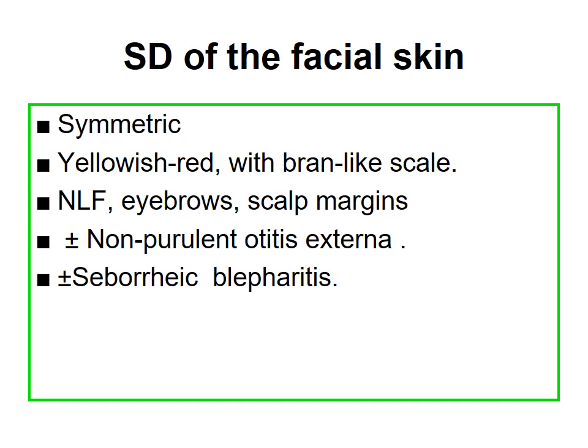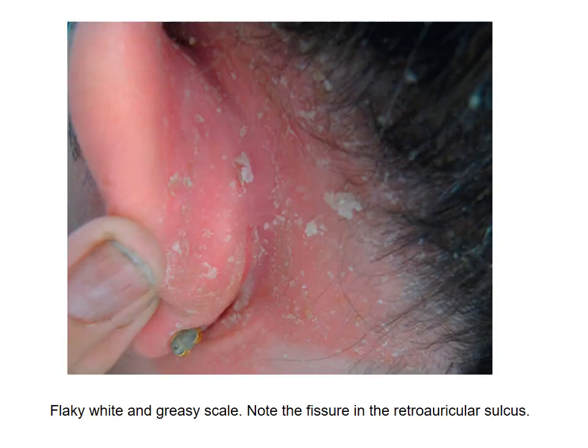Facial skin is also a common site affected by seborrheic dermatitis. Symmetric yellowish red with bran-like scales. Nasolabial folds, eyebrows, scalp margins. Non-purulent otitis externa and seborrheic blepharitis.